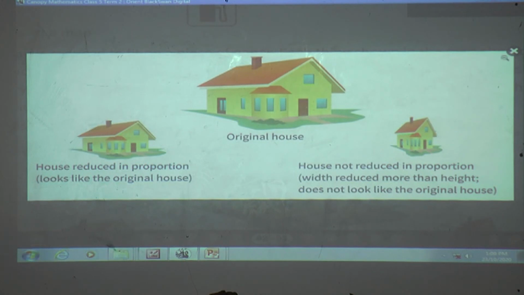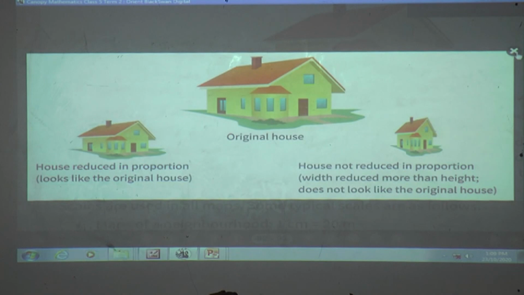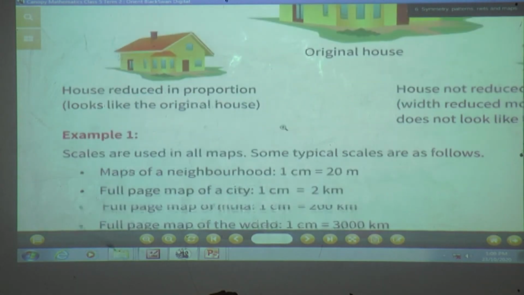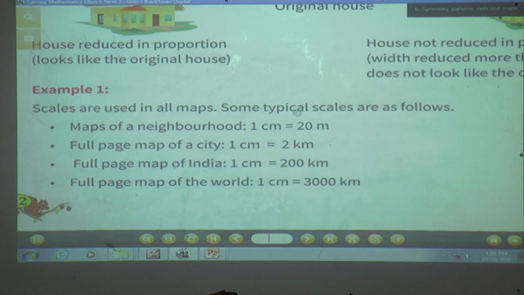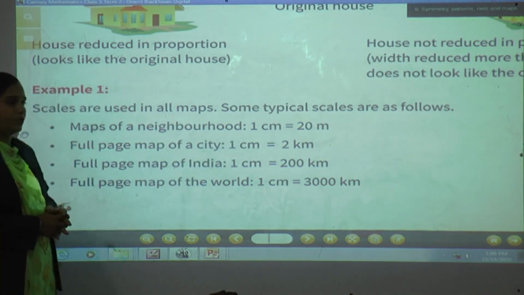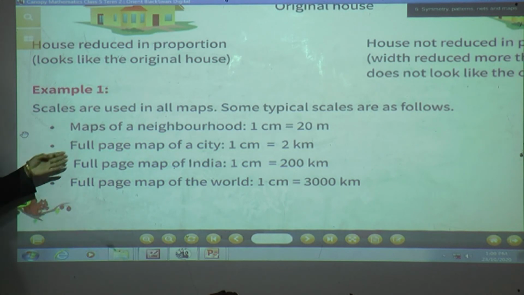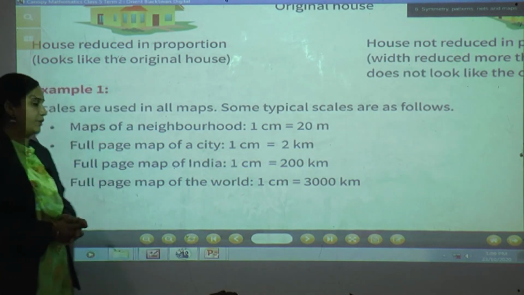Now see here, example 1. Scales are used in all maps. Some typical scales are as follows. Maps of a neighborhood: 1 centimeter is equal to 20 meters. Full page map of a city: 1 centimeter is equal to 2 kilometers.